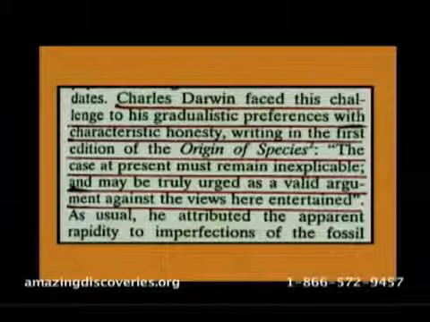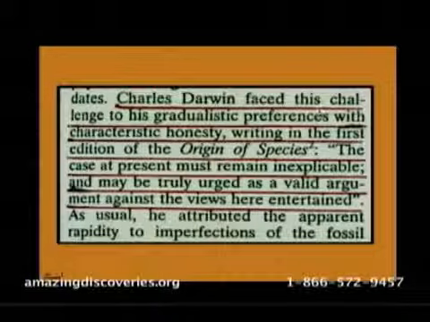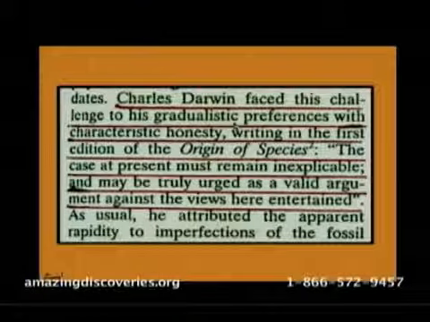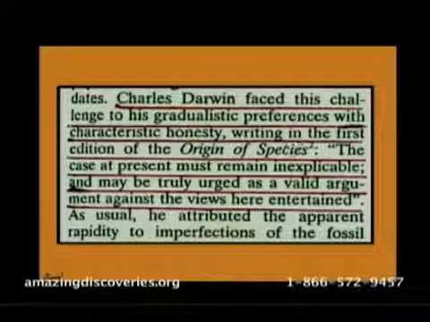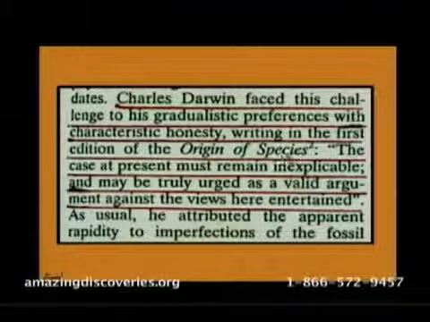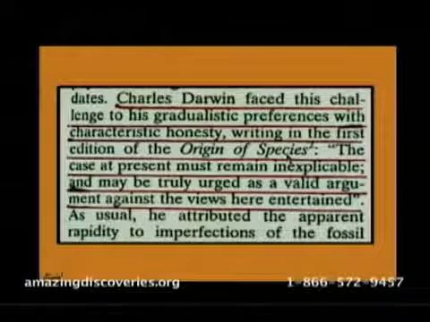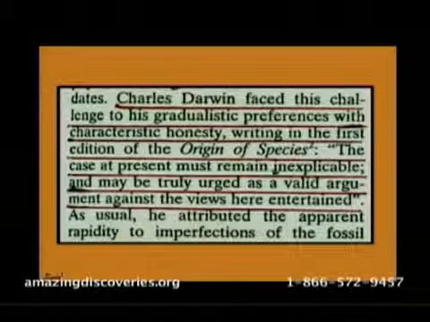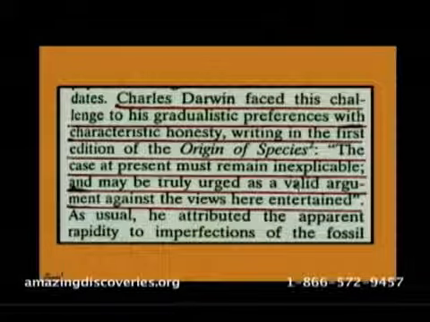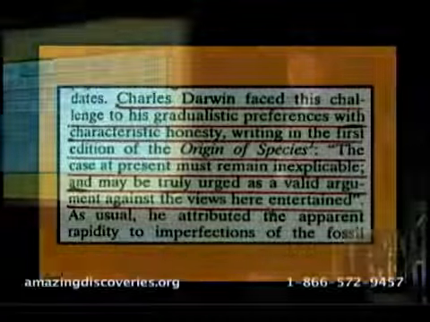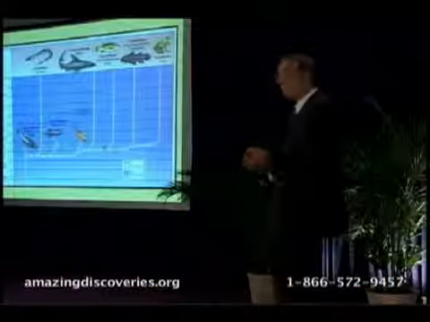No. He writes, Charles Darwin faced this challenge to his gradualistic preference, things change slowly over time, with characteristic honesty, writing in the first edition of Origin of Species, strange that it disappears later, the case at present must remain inexplicable and may be truly urged as a valid argument against the views here entertained. So they've known this from the beginning.